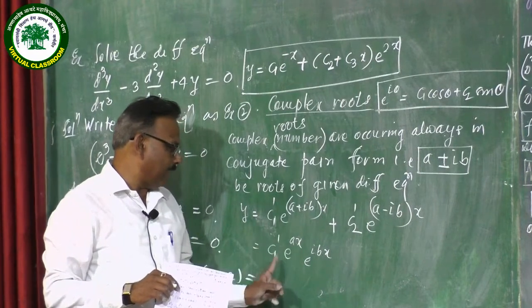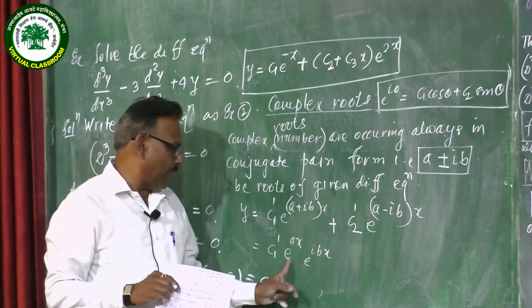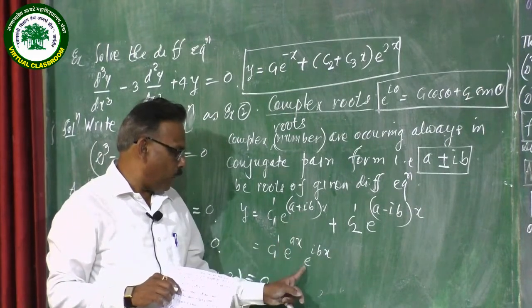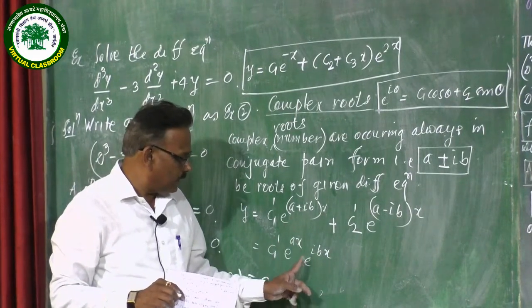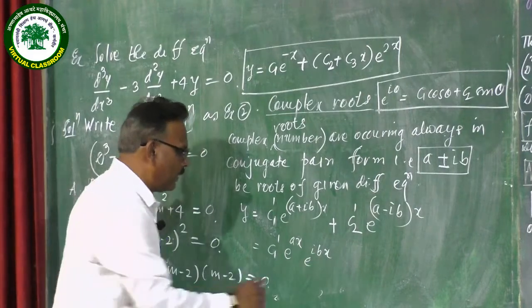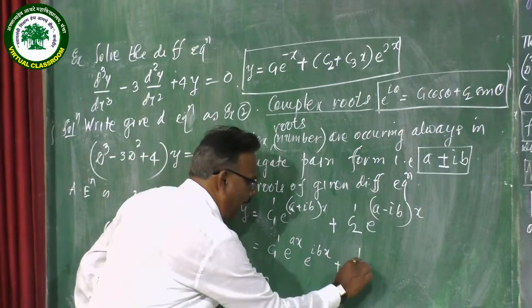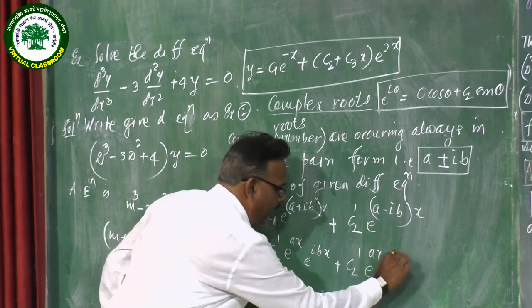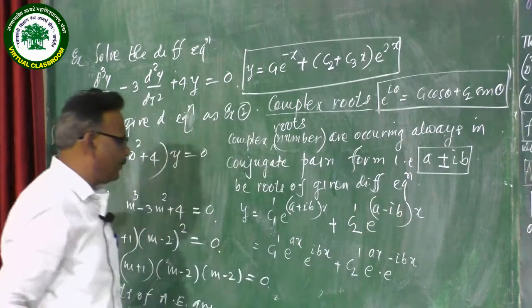C1 dash remains as it is, e raised to a into x, and as it is an exponential power, by the rules of exponentials it is e raised to ibx, plus C2 dash e raised to ax into e raised to minus ibx.